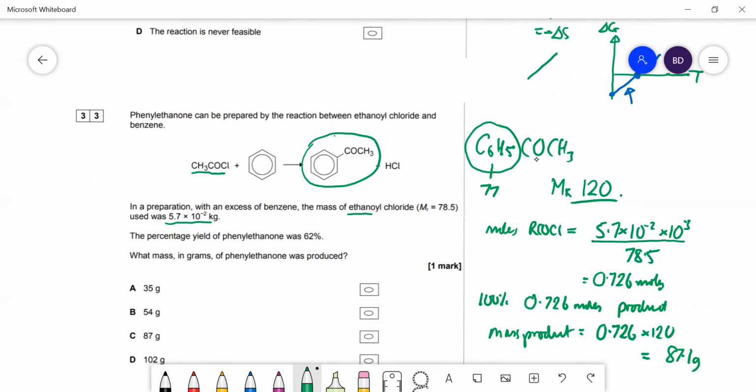But it says the yield was 62%, so we're going to do 87.1 multiplied by 62 over 100. That is going to give us 54 grams. So that is our answer.